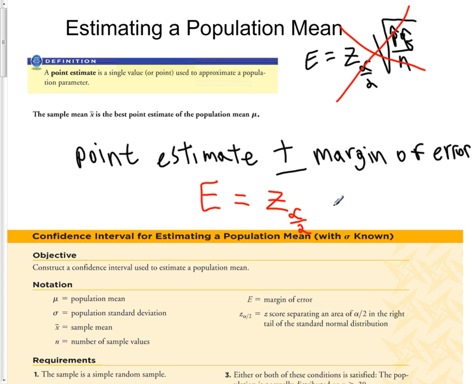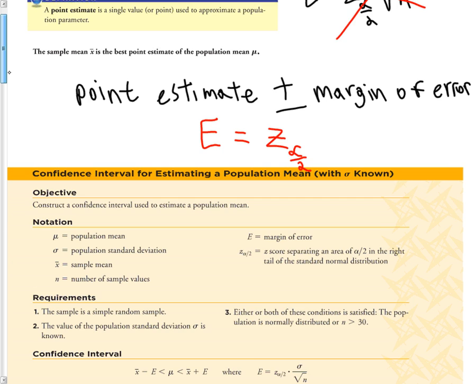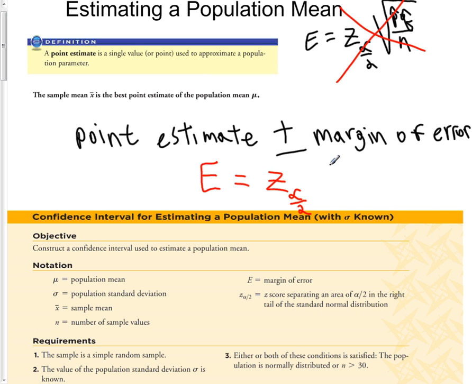But now, instead of multiplying by the square root of p hat times q hat over n, we're multiplying by sigma over the square root of n. And sigma over the square root of n, if you remember, was from the central limit theorem. Not variance, standard deviation. So this is the standard deviation of a sampling distribution.